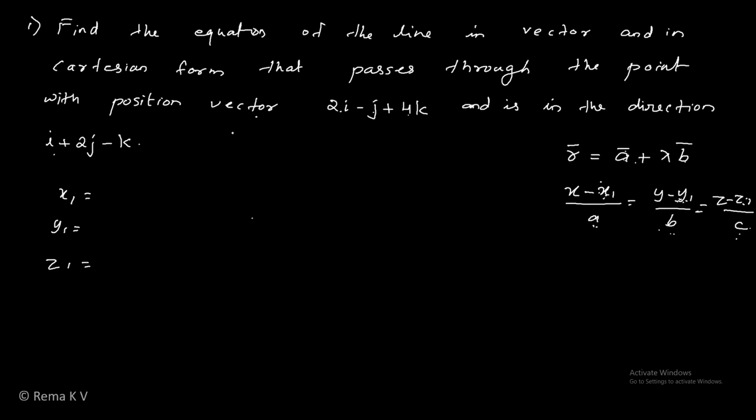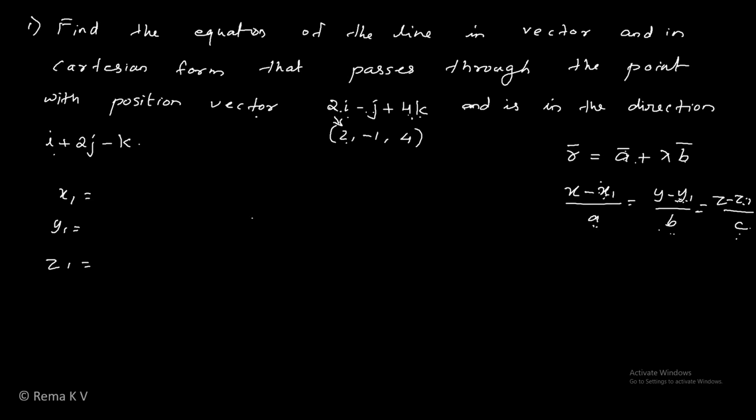We have to write the equation of a line passing through the point whose position vector is given as 2i minus j plus 4k, or you can say the coordinates of the point are 2, minus 1 and 4. From here you are getting it. The position vector of the point is 2i minus j plus 4k, so the coordinates of the point are 2, minus 1 and 4.